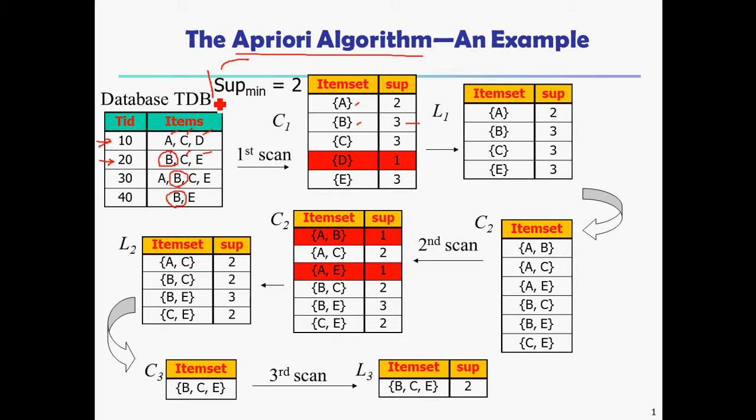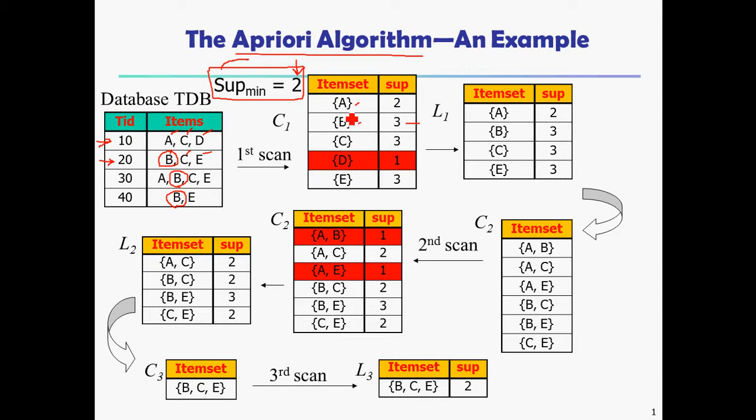And also, there is a constraint, the minimum support, which means that for consideration, we want to mine the rules which occur at least this many times, at least 2 times, all right?